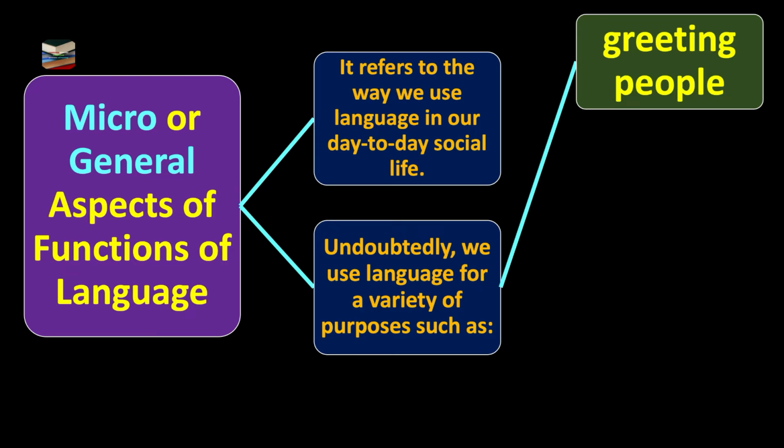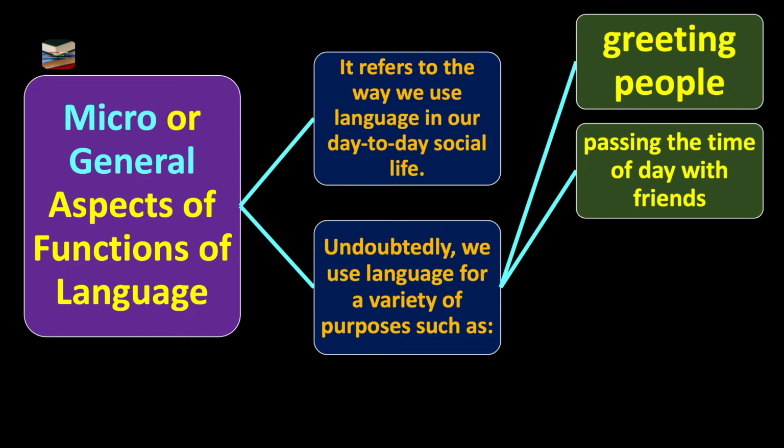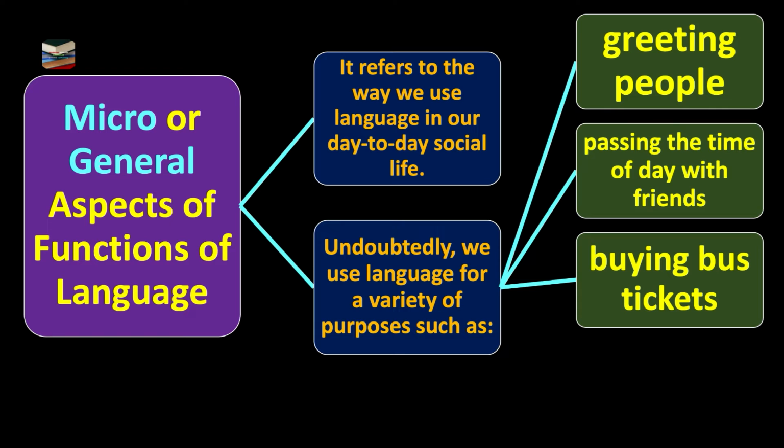We greet people when we meet anywhere, anytime. Passing the time of day with friends. Of course, language helps us pass time with our friends in many different ways. Buying bus tickets, not only bus tickets, buying anything. You go to a shop, you buy things, you use language. So this could be the micro aspect of the function of language.